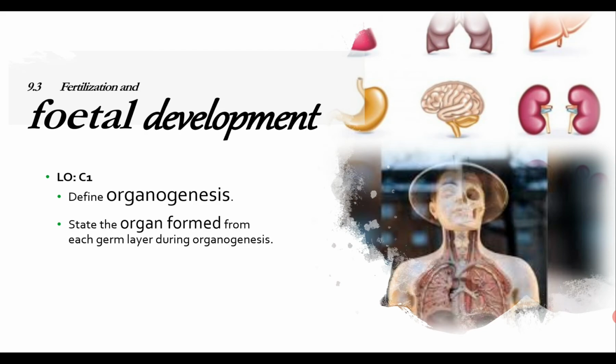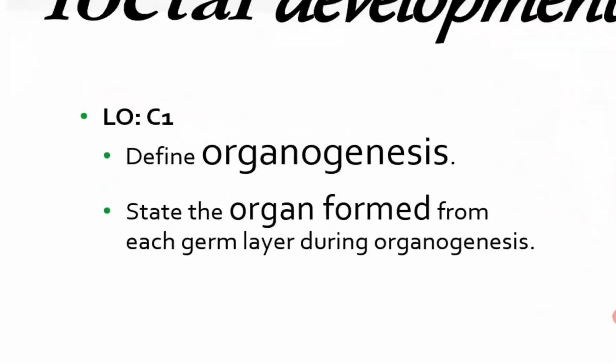Okay, and then the final part of the chapter on fetal development is focusing on organogenesis. I mentioned earlier that each of these tissue layers from the gastrula will be fated to form specific structures. That's organogenesis, formation of organs. What is organogenesis?